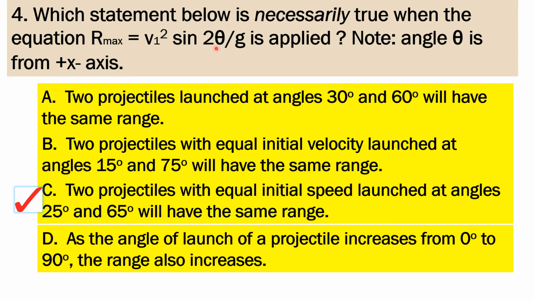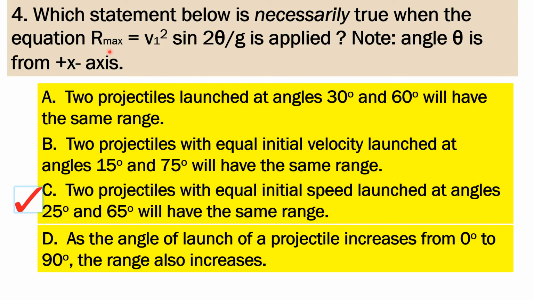It is at 45 degrees, where the sine value of twice the angle, which is 90 degrees, is already the maximum possible value for the sine, which is equal to 1.